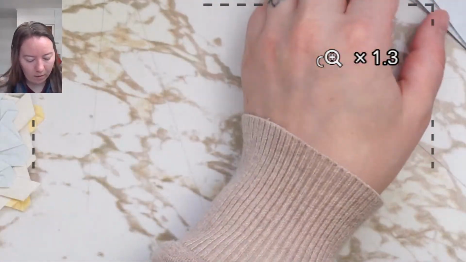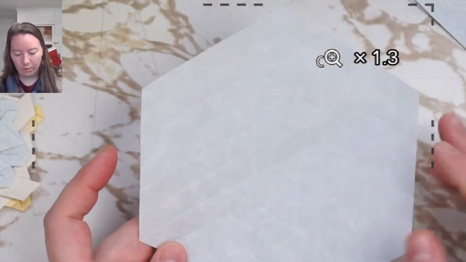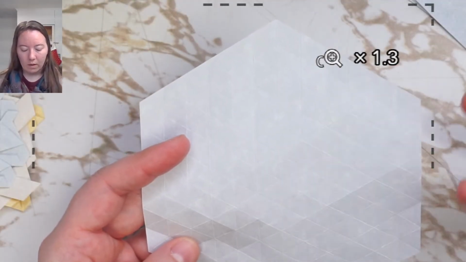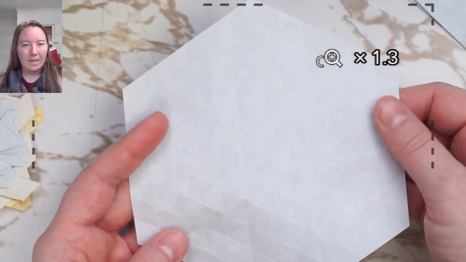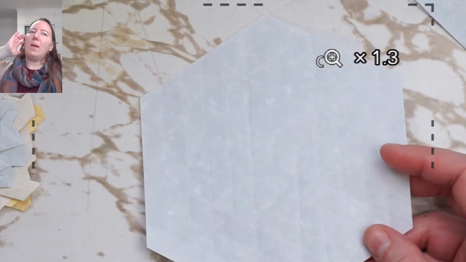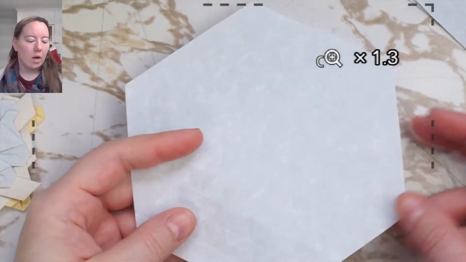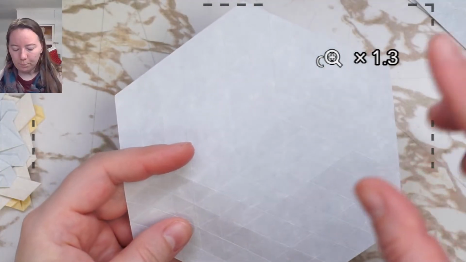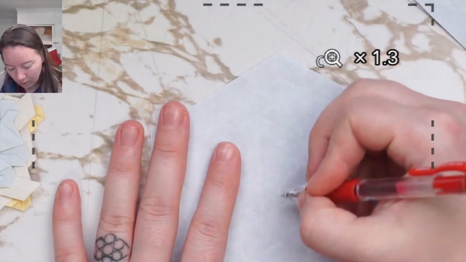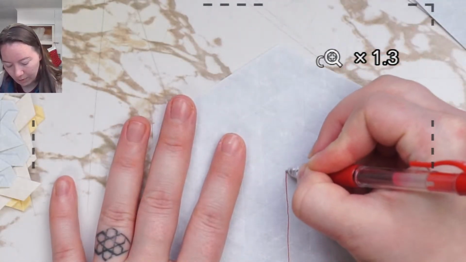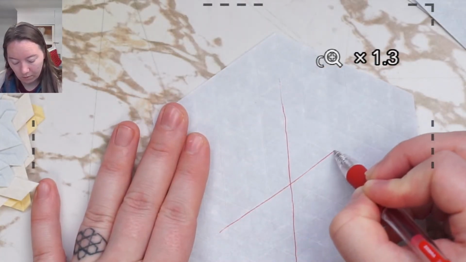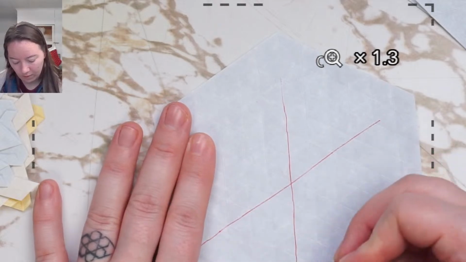I'm going to grab a paper with 12 divisions because this does take up a decent amount of grid. We saw already that the closed hexagon was kind of maxing out the 8 division grids. So for a double depth closed hexagon, I'm going to have my 6 mountain folds through the center.